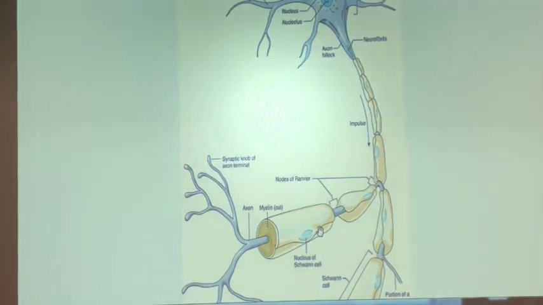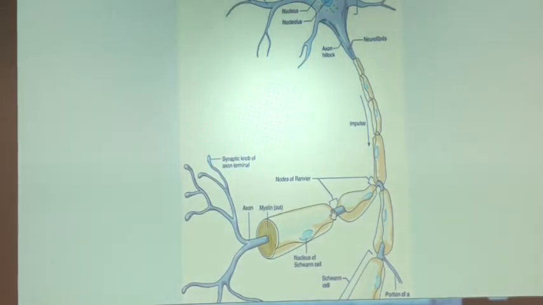It's also important in speeding up the conduction of nerve impulses. So nerve impulses are going to be traveling down the axon, and myelinated nerve axons will have a faster transmission of the nerve impulse.